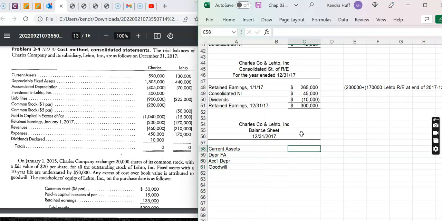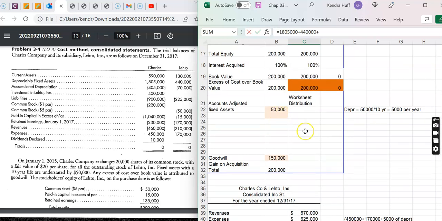All right, current assets are going to be $590 plus $130. Depreciable fixed assets are going to be the $1805 plus $440 plus this increase in fair value of $50.